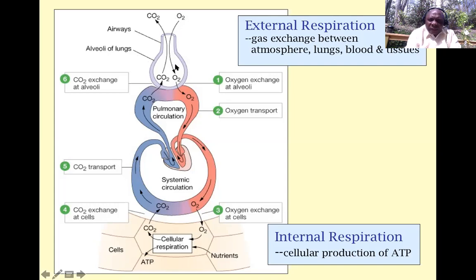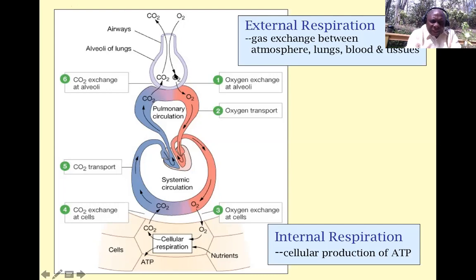And again, like we've said before, almost everything in the body moves down the gradient, down the slope, whether that's air or blood or molecules or ions, they move down the slope. And so there's a gradient then, which we shall talk about later, that's pulling oxygen from the atmosphere into the lungs at the alveolar level.